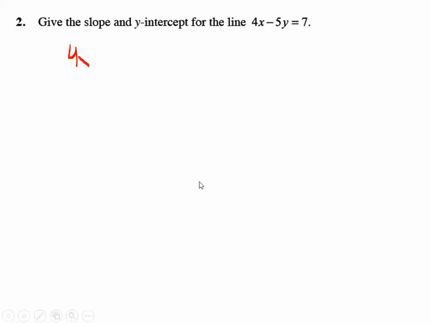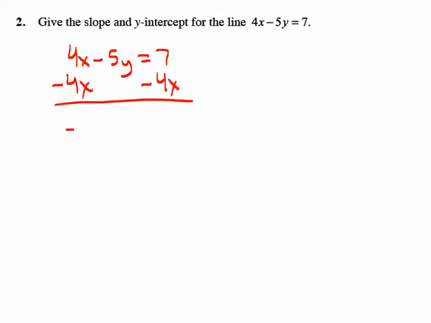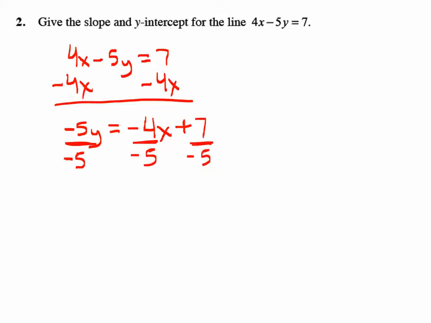Alright, let's go for it. So in order to solve for y, how about we subtract 4x from both sides? The negative 5y stays, and then we want to put the negative 4x first, because we want it to look just like mx plus b, the number with the x first. Divide through by negative 5, and again a little bit tricky for some here. I would divide each of those pieces by negative 5.